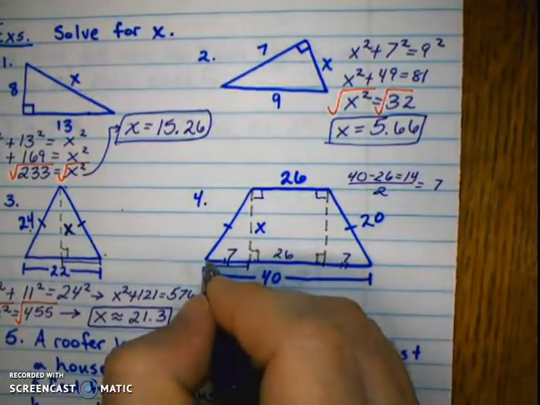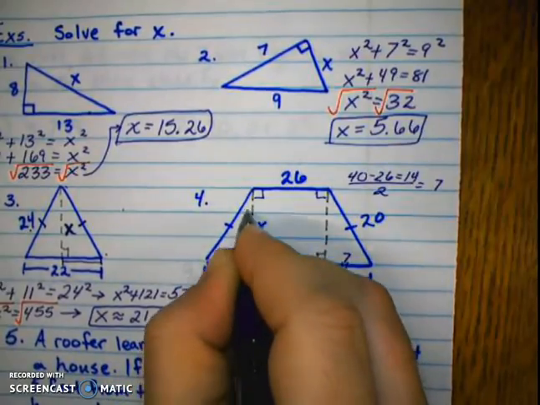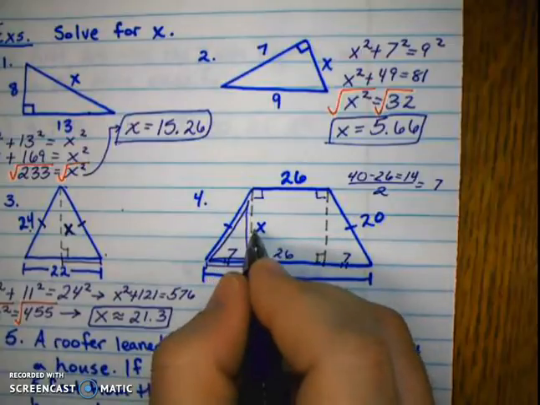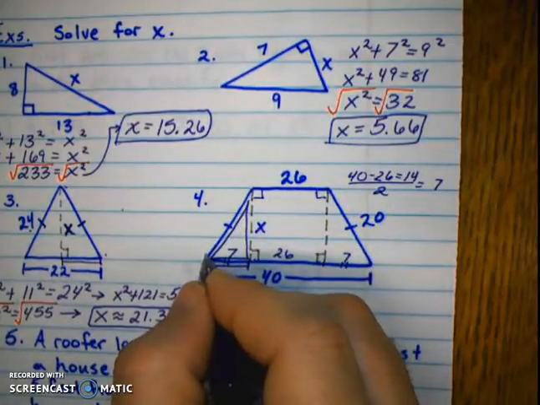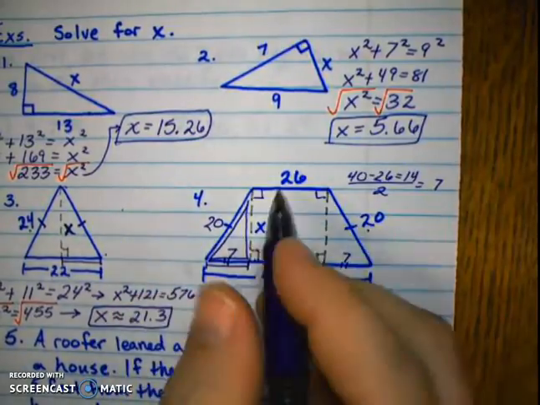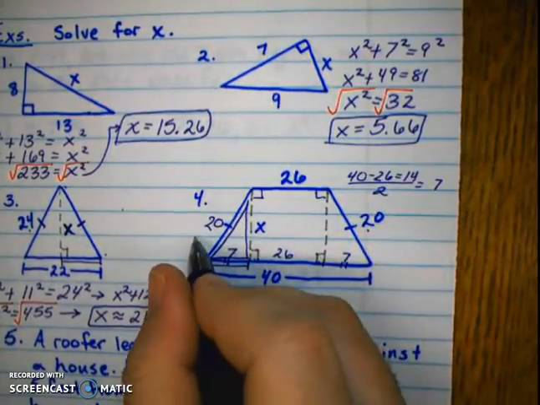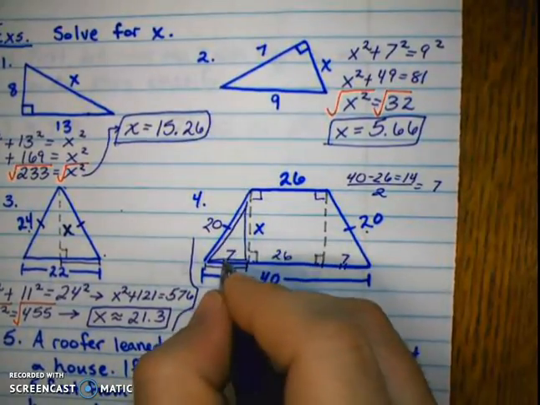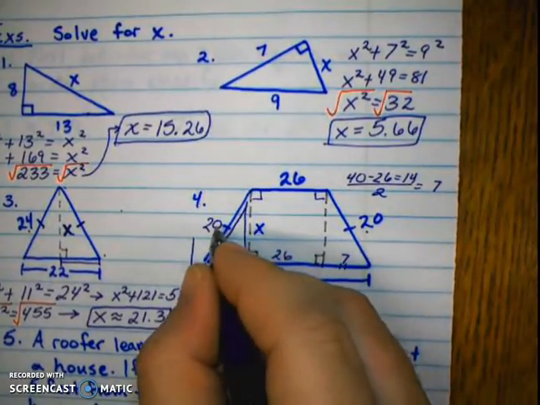And so the triangle we're using as our right triangle has a leg that is 7, a leg marked x, and then this leg, which is congruent to this side, is 20. So your Pythagorean theorem looks like this. 7 squared plus x squared equals 20 squared.